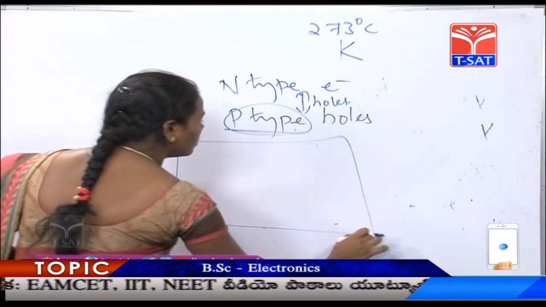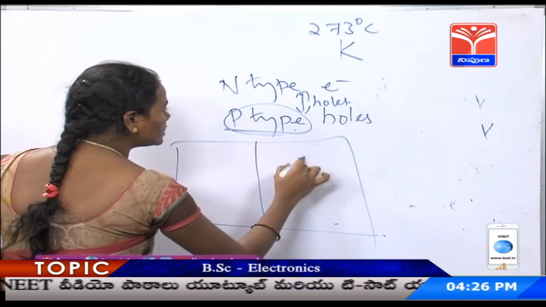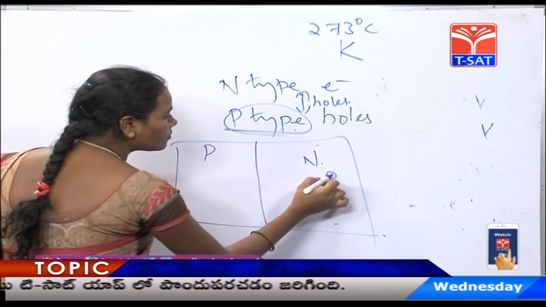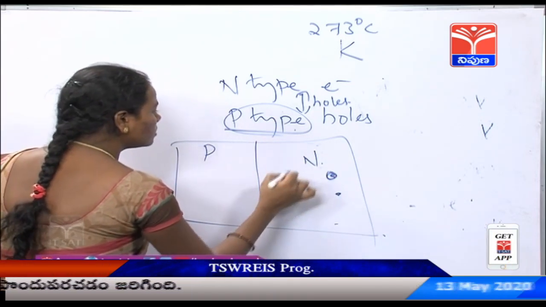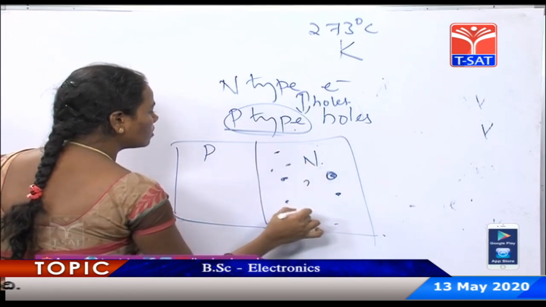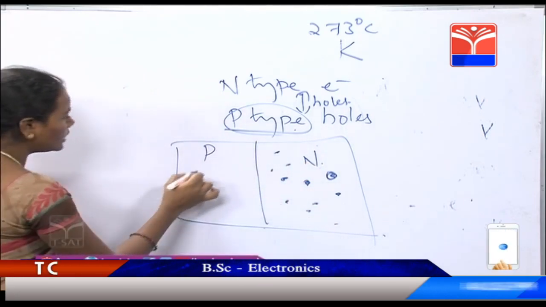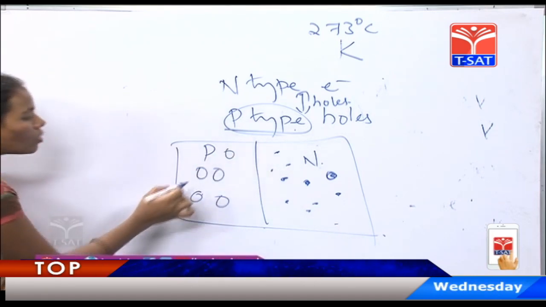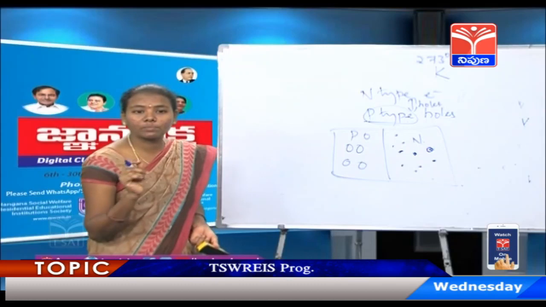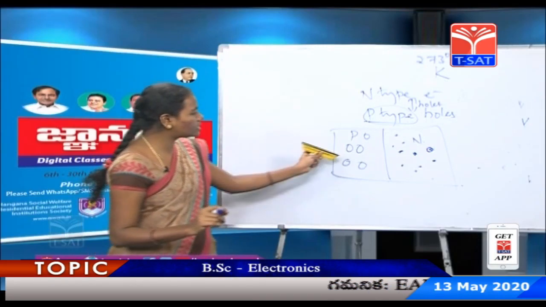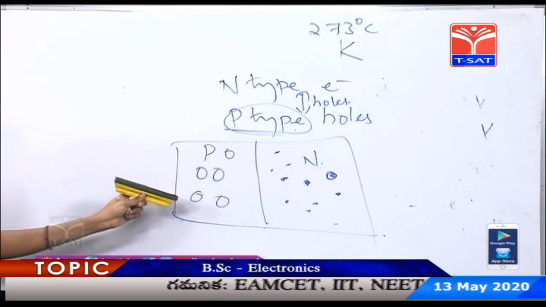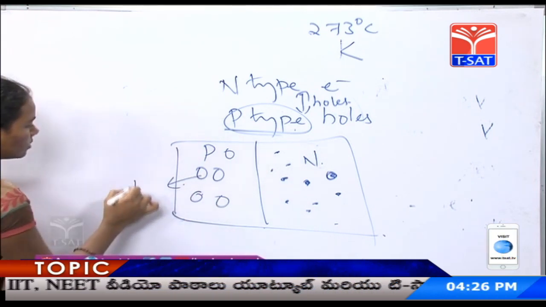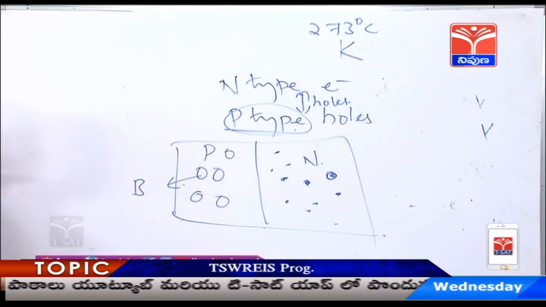So this is n-type, let us consider. This is p-type. There are electrons here and there are holes here. Holes are nothing but acceptor impurity. We have seen earlier that boron is an acceptor impurity.